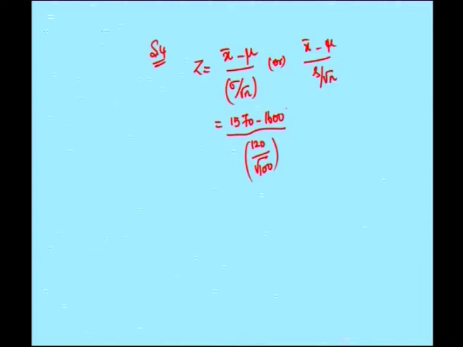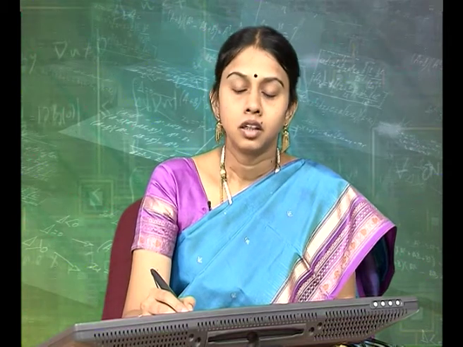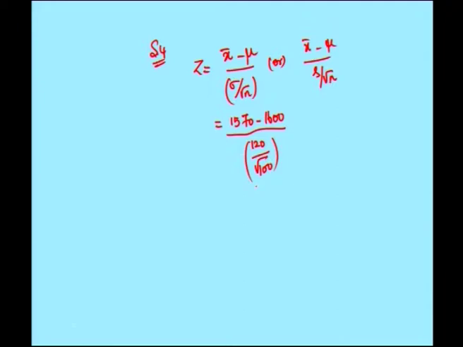This root 100 can be written in the numerator also, but it is purposely written in the denominator so that, as already discussed in the sampling distribution session, all the denominators of the statistical formula represent the standard error, right. Therefore, it is written separately as divided by root n. While calculating, you can take it to the numerator.